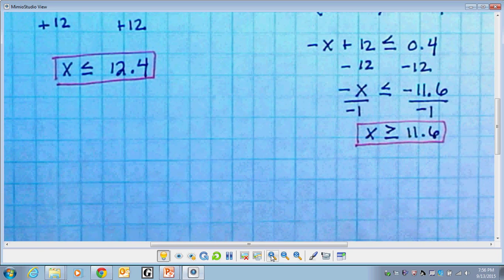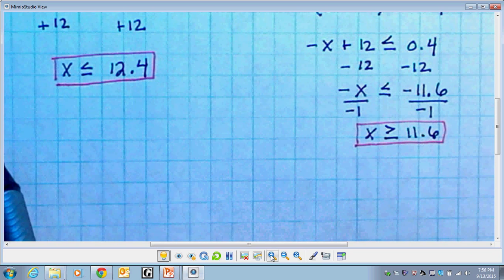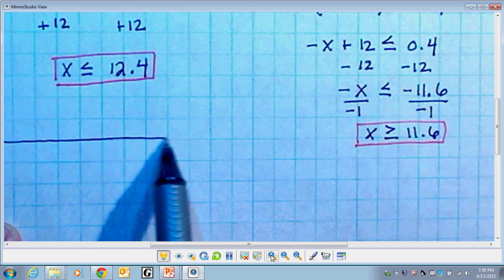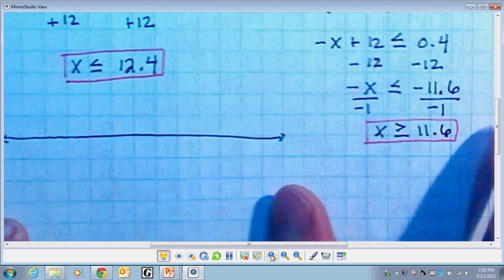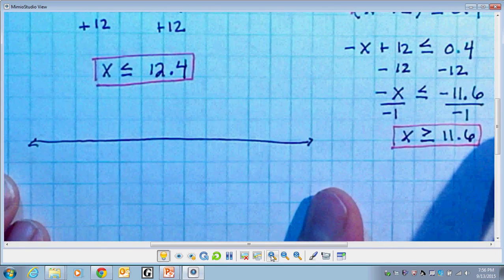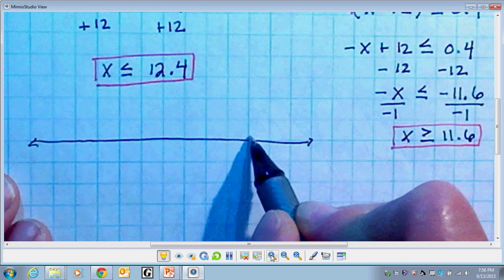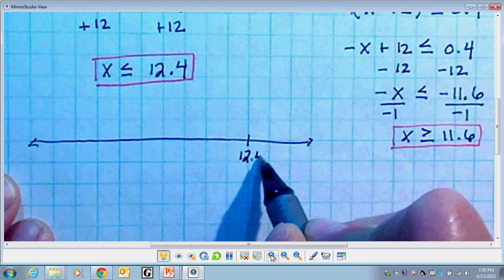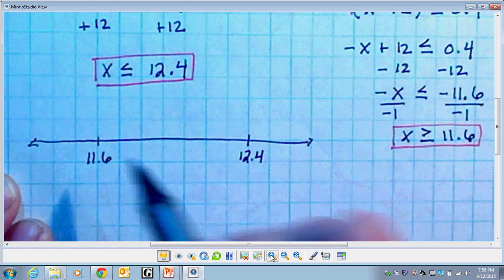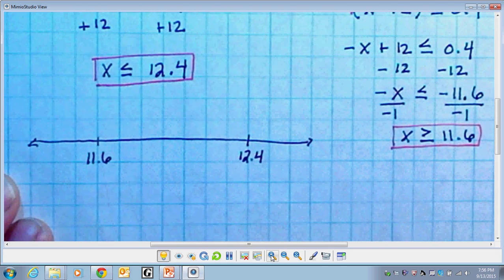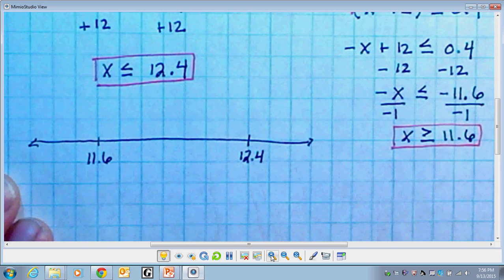So if I'm not sure, I'm going to try to figure it out. I always use what I know to figure out what I don't. So I'm going to do my number line, and I'm just going to put 12.4 there, and then I'm going to put 11.6 there. I just arbitrarily marked it down. I don't know if that's an accurate distance there.